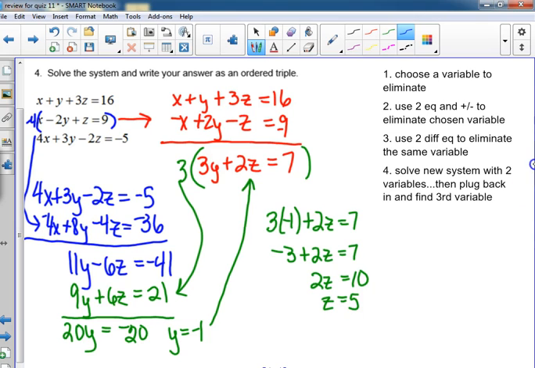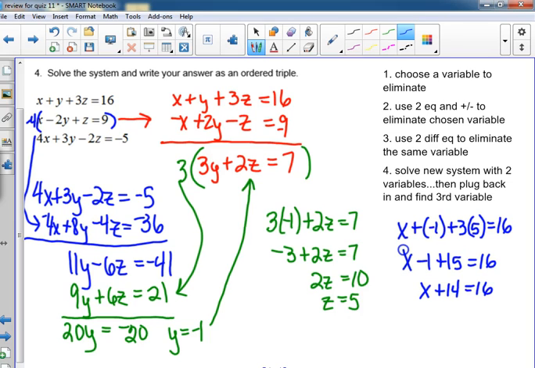And then I think I'm going to go back to the original equation, which said x plus y plus 3z equals 16. Anybody get 2? We have a 2, a -1, and a 5 in alphabetical order.